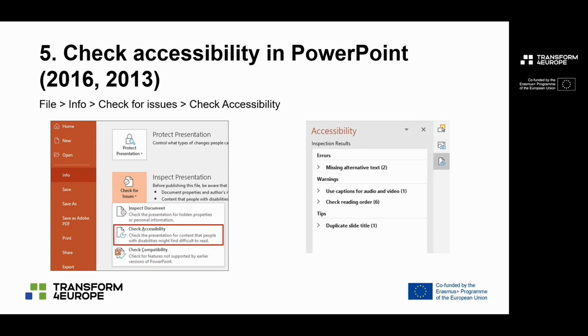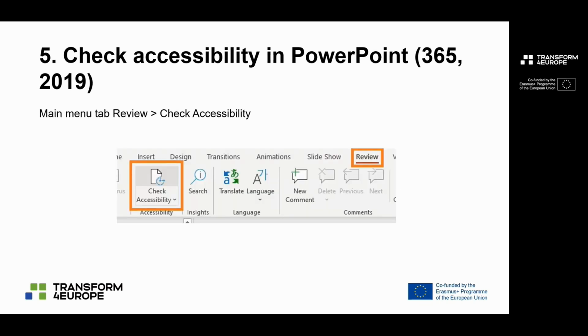First, we access the File menu, and then we click on the Info element. And from the Check for Issues drop-down button, we press Check Accessibility. The accessibility pane will display on the right. For the latest versions, we should open the Review tab on the top menu, and then click on the Check Accessibility button. I'm going to show you how to use it.